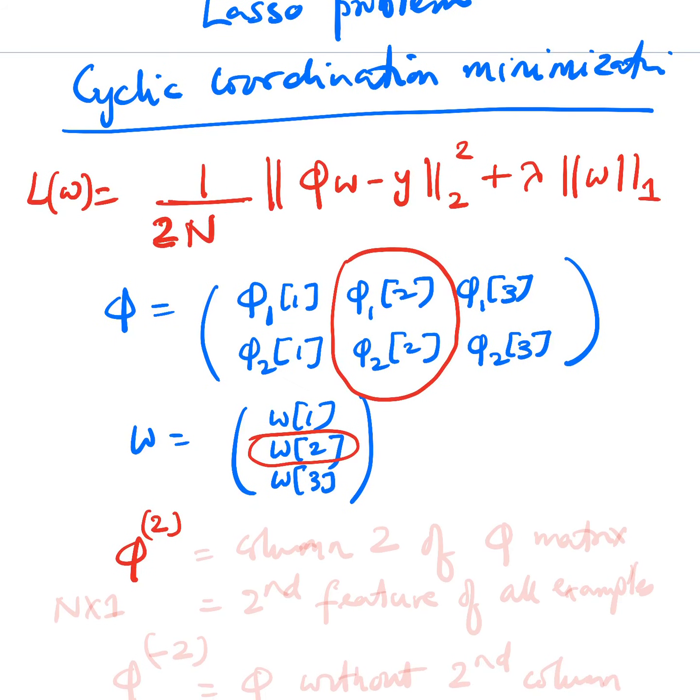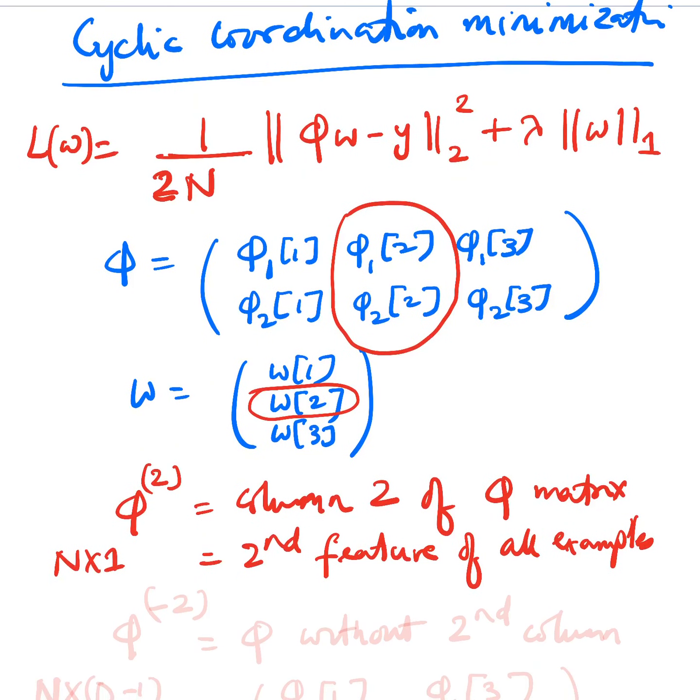Phi 2 is the second column of this matrix. Remember, it's not the second example; it's the second column, meaning the second feature of all examples, right? So this is an n cross 1 matrix.